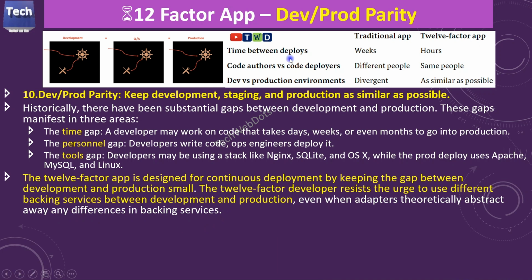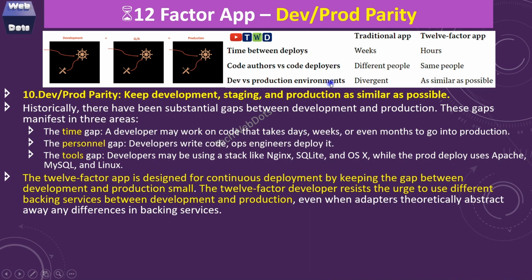If you use the traditional way, the time between deploys can take weeks, but if you are using the 12 factor way it may be only some hours. Code author versus code deployer: in the traditional way, they are different people, but with 12 factor it should be the same people who commit the changes and also deploy that piece of code.